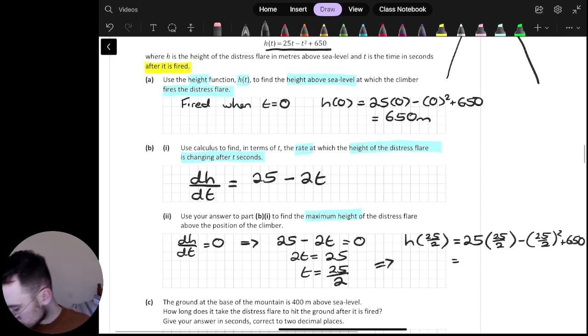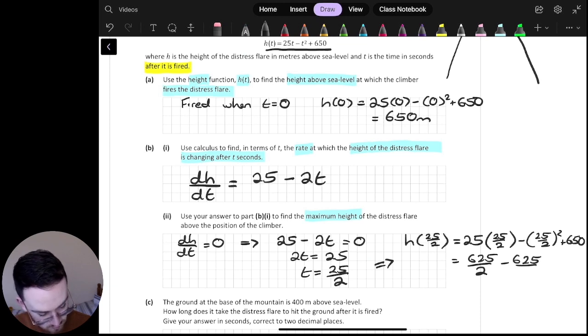Okay, and then following that through, so let me just make sure we've done it properly. There we go. So having a look at that one, 25 by 25 over 2 gives me 625 over 2. The 25 over 2 squared gives me 625 over 4.